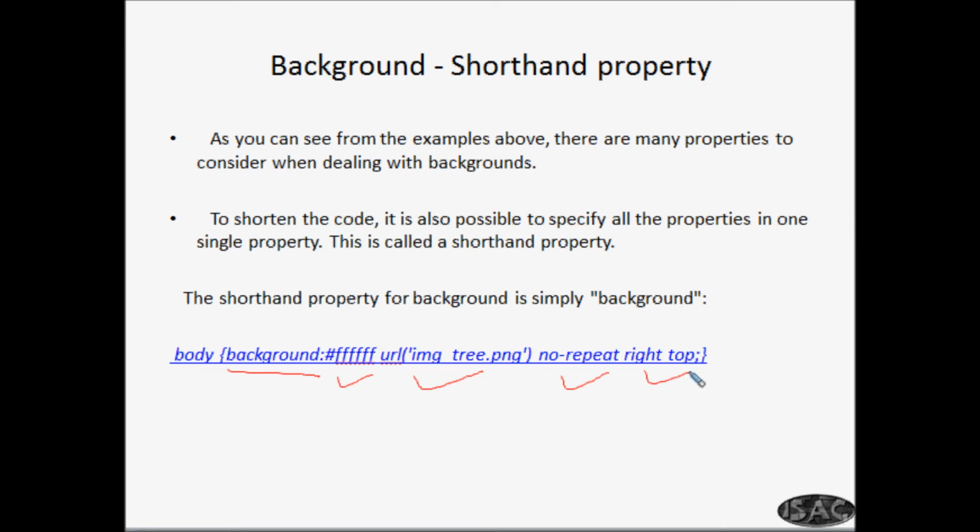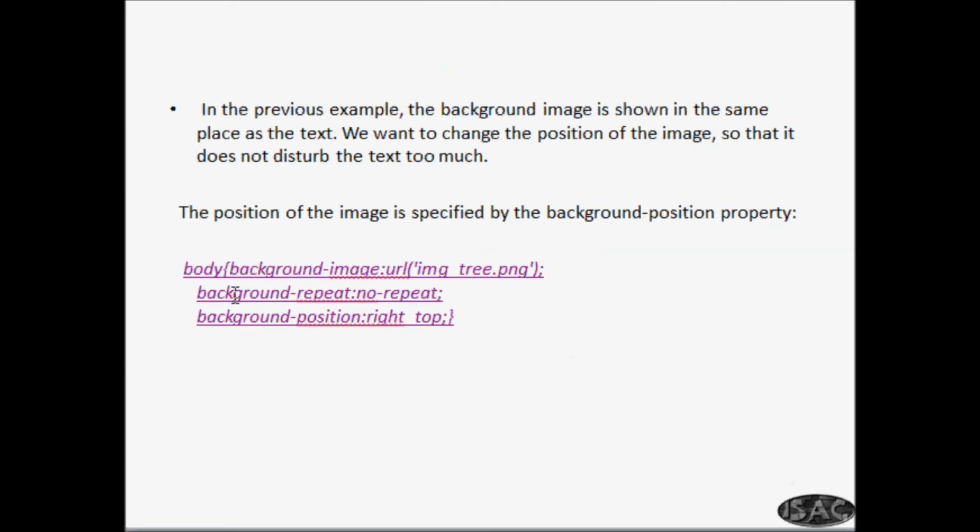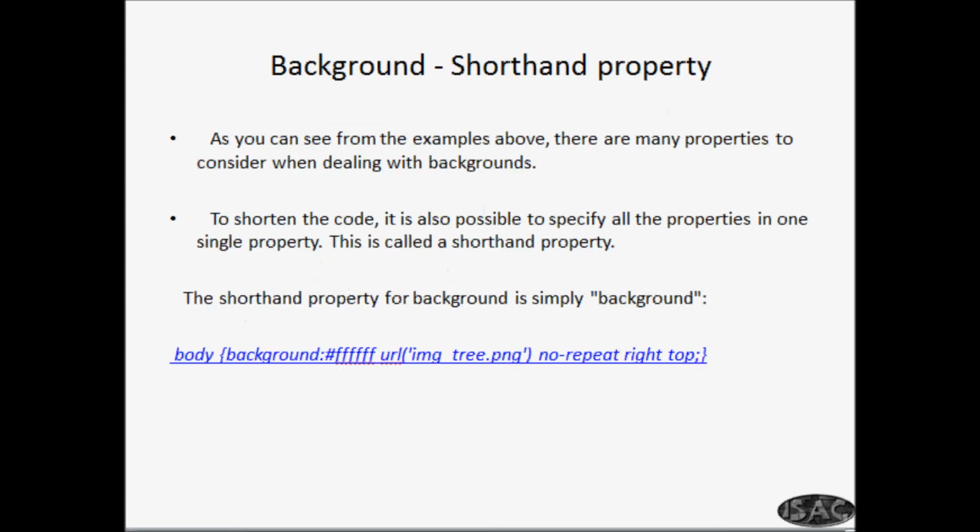This is called the shorthand property. So you're not saying them separately, like in the previous example, where we provided each and everything separately: background repeat, background position, background image. But this time we are putting all together.